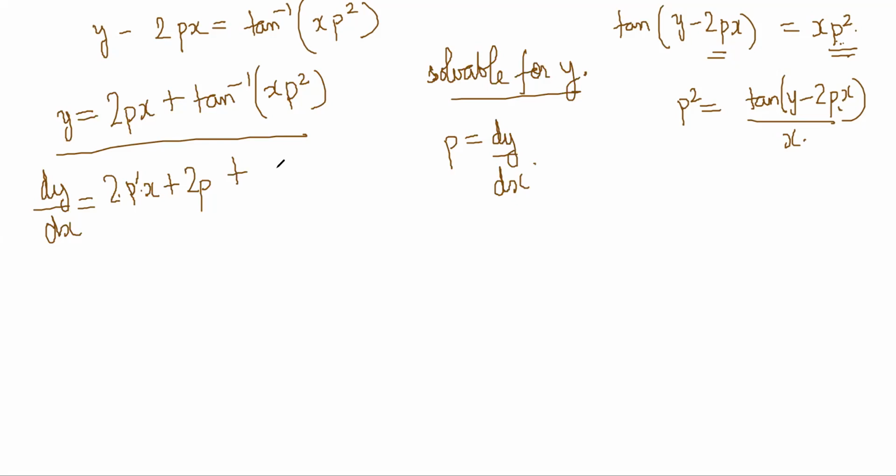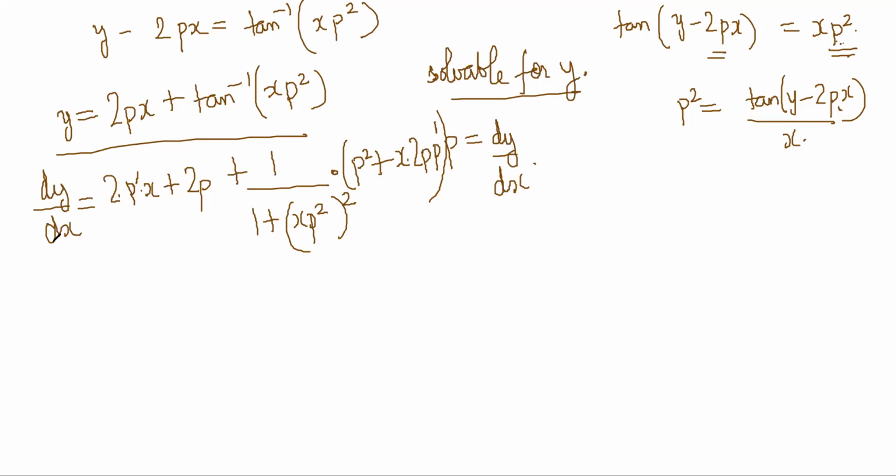Differentiation of tan inverse is 1 by 1 plus (xp square) whole square, and the inside part I have to differentiate. Inside part differentiation is x times differentiation of p square plus, now x is going to be here, 2p into p dash, right? Makes sense.